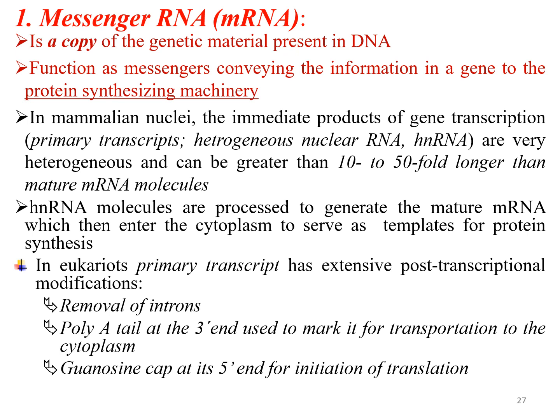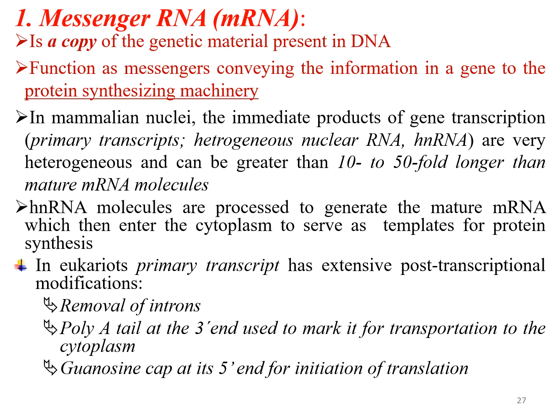So in mammalian nuclei, the immediate product of gene transcription, or primary transcript, is heterogeneous nuclear RNA, and these are very heterogeneous and can be 10 to 15-fold longer than mature messenger RNA molecules. So these RNA molecules are processed to generate a mature messenger RNA, which then enters the cytoplasm to serve as a template for protein synthesis.